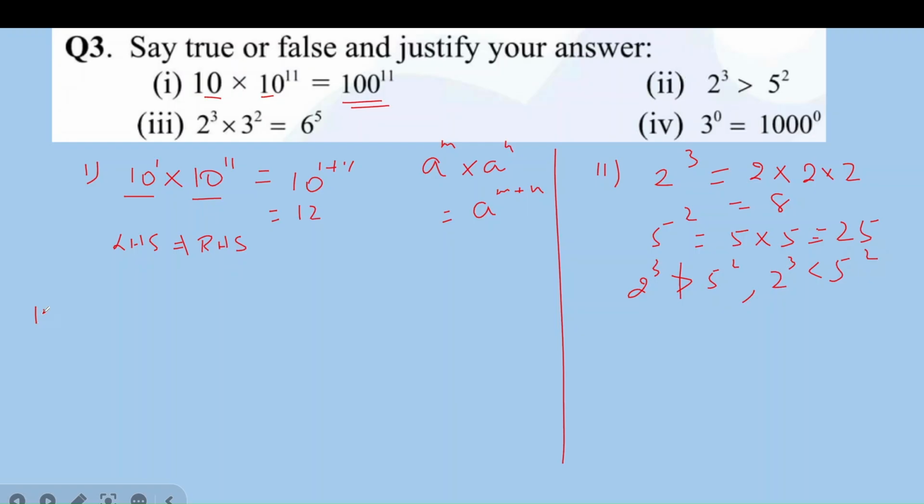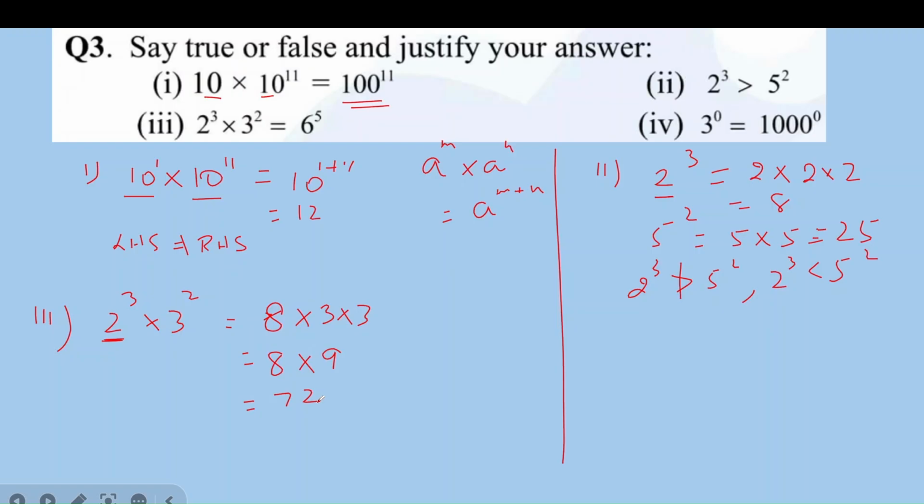Now the third question, 2 raised to the power 3 times 3 raised to the power 2. So solve it. We know that 2 raised to the power 3 is 8, we have just seen it here, and times 3 raised to the power 2 is 3 times 3. So you can directly write the answers for small questions. It is 72.